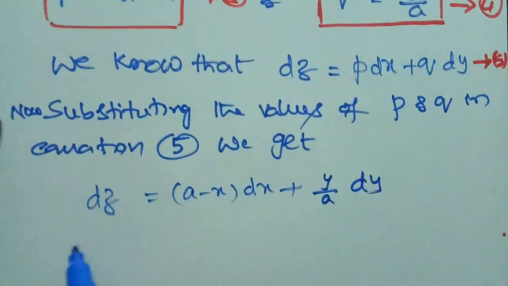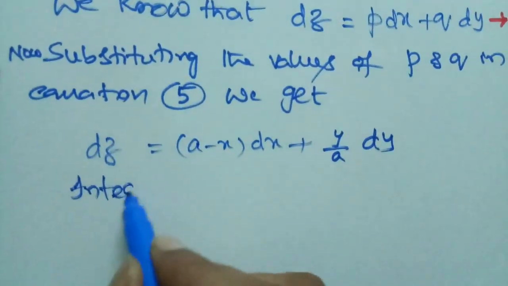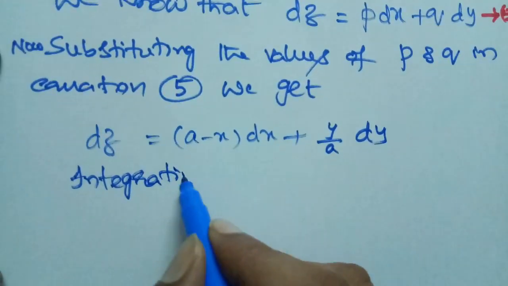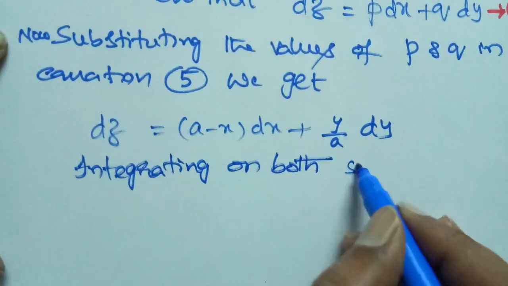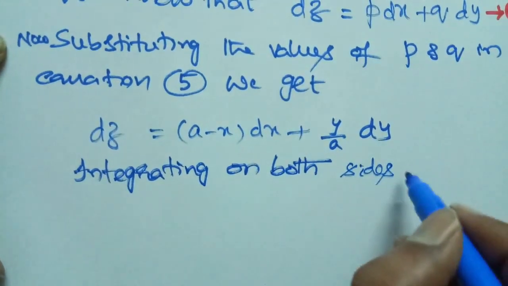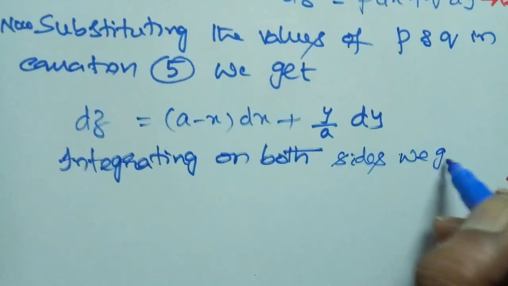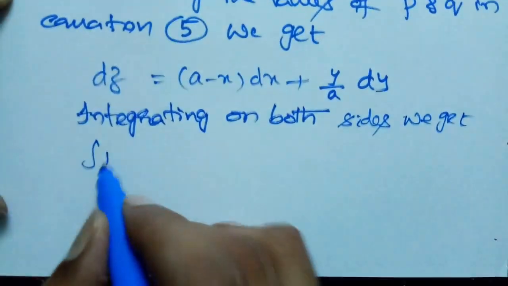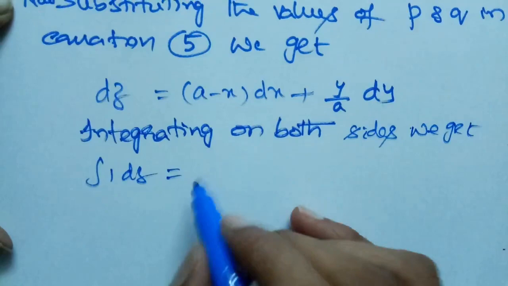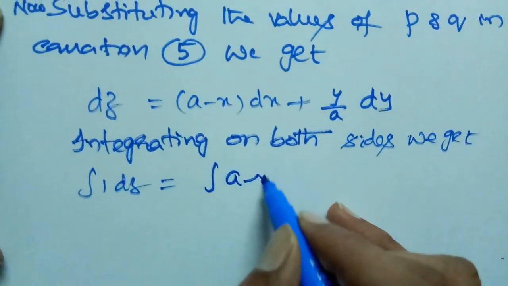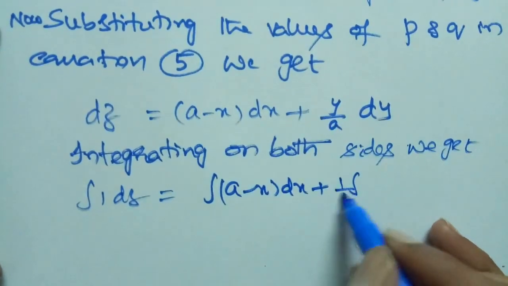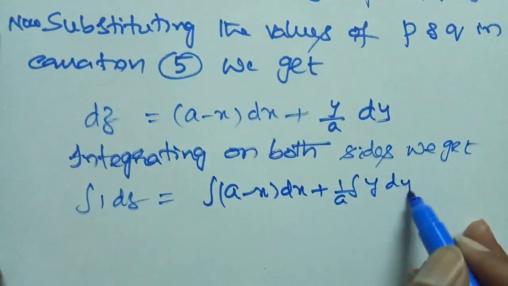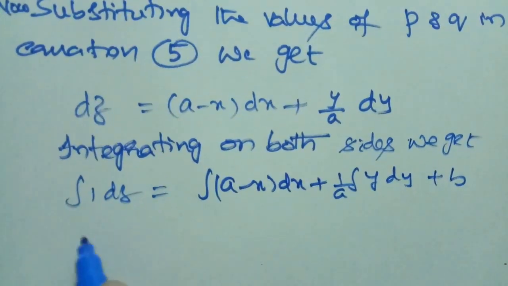Now integrating on both sides, integration of 1 dz is equal to integration of a minus x dx plus 1 by a, which is a constant, into y dy plus constant of integration.